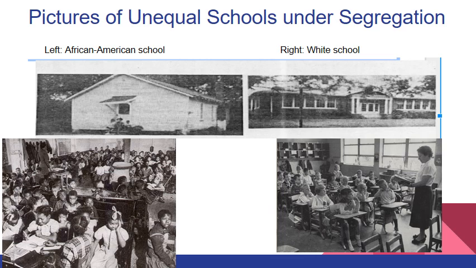It looks like over 100 students to one teacher, and the resources, the books, the desks, the heating and air that they have is much different than what you can see on the right and the white school. And the white school, they obviously have more resources, better facilities, and a smaller student to teacher ratio. And this just shows you that there was a huge discrepancy in resources under segregation. And this discrepancy contributed to part of the educational achievement gap according to racial lines.